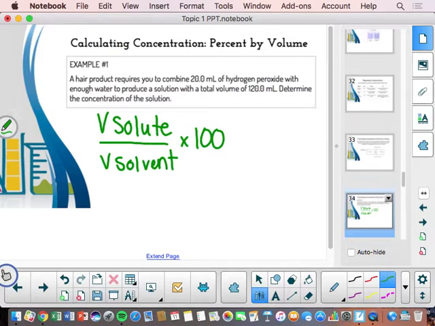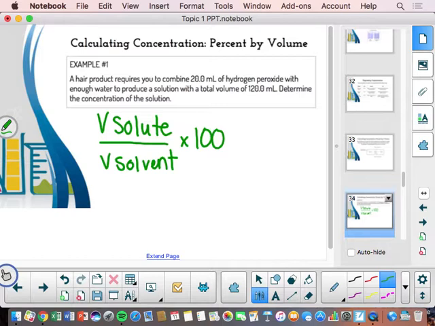So it says in the question, a hair product requires you to combine 20 milliliters of hydrogen peroxide. So that's volume. It's hydrogen peroxide with enough water to produce a solution with a total volume of 120 milliliters. So there's some information here.